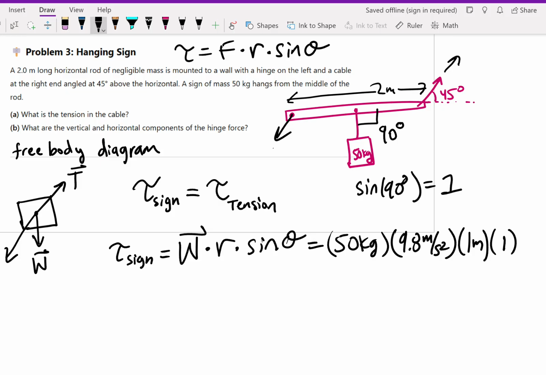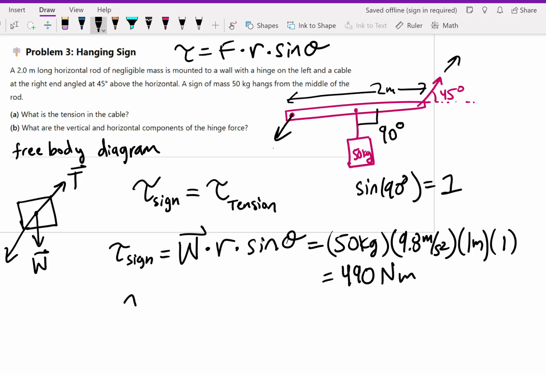If we multiply all that out, 50 kilograms times 9.8 meters per second squared times 1 meter gives us 490 Newton meters. Remember, a Newton is a kilogram meter per second squared, and we have a meter, so Newton meter.